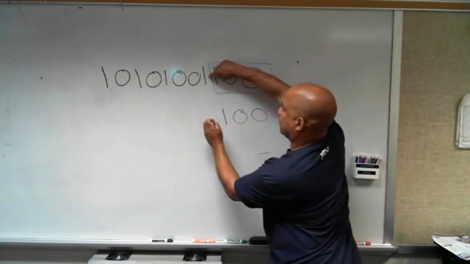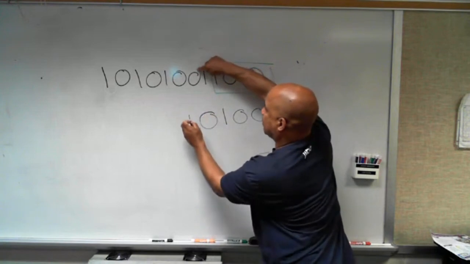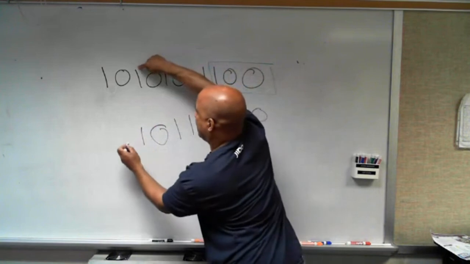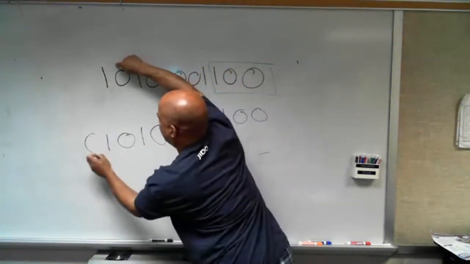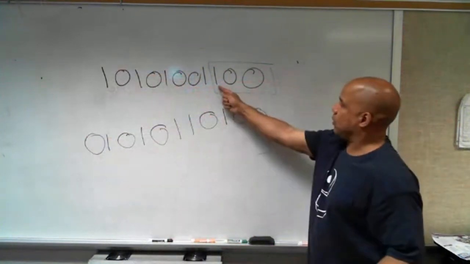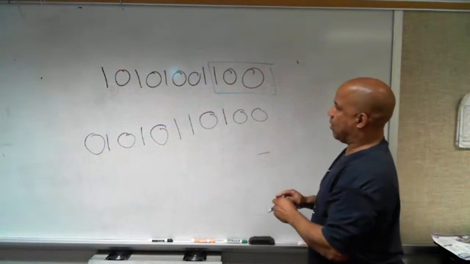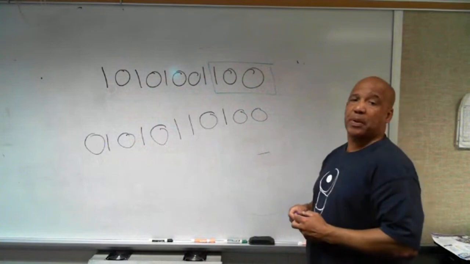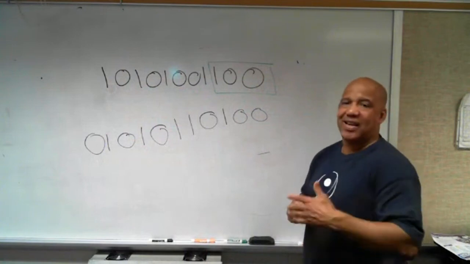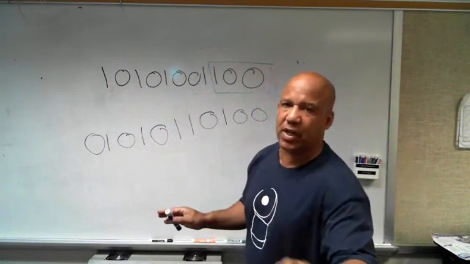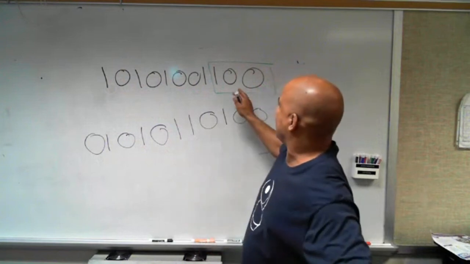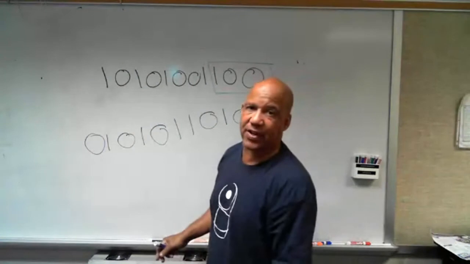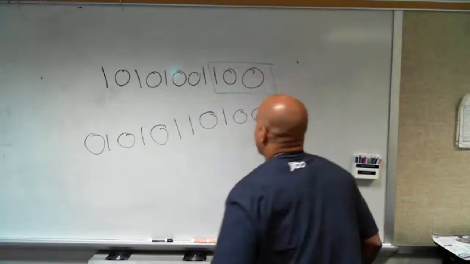So this one becomes a 0. This 0 becomes a 1. It becomes a 1. It becomes a 0, 1, 0, 1, 0. So up to and including the first one, leave those bits alone. Everything after that, you just flip the bits, take the ones complement of it. On YouTube or in your book, if you got the book, it tells you to take the ones complement and add 1 to it. I just think this is so much easier and faster. Does that make sense?